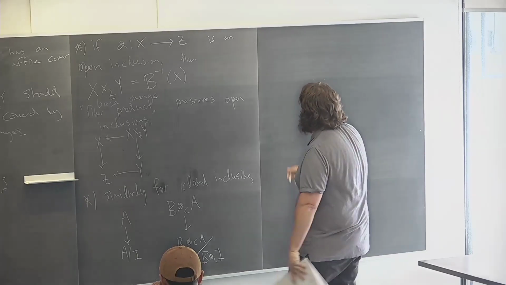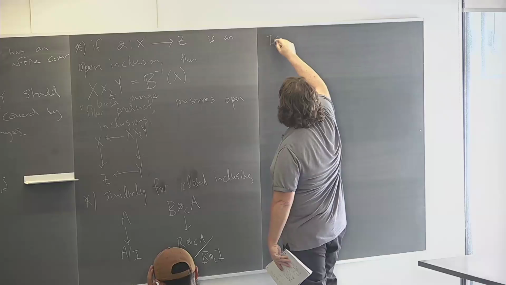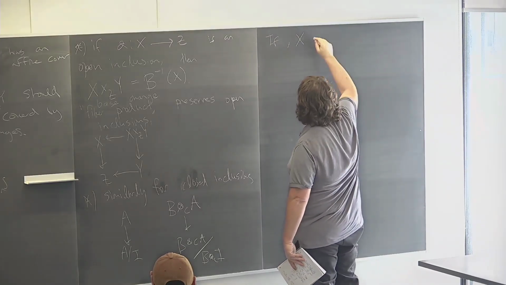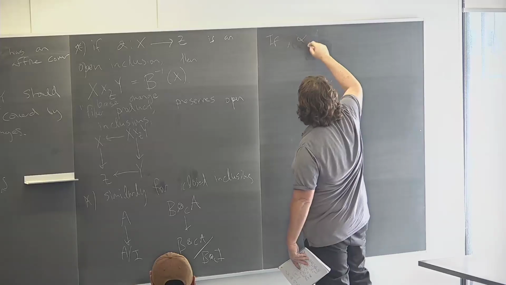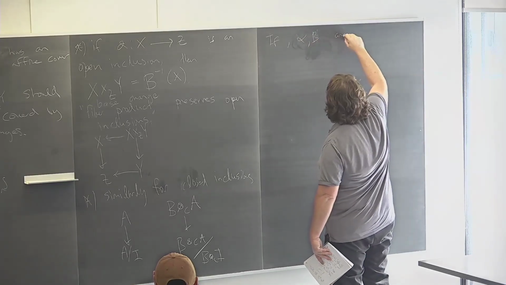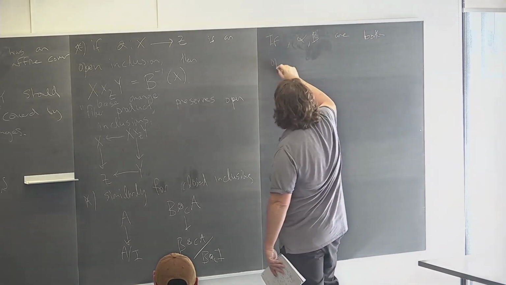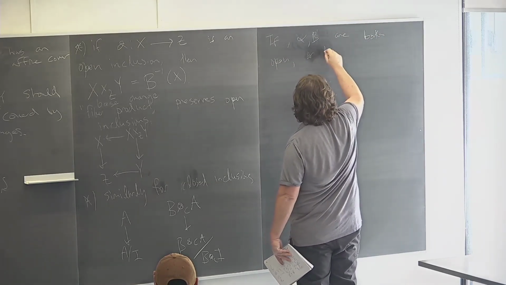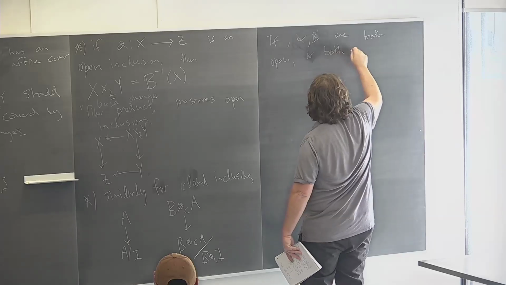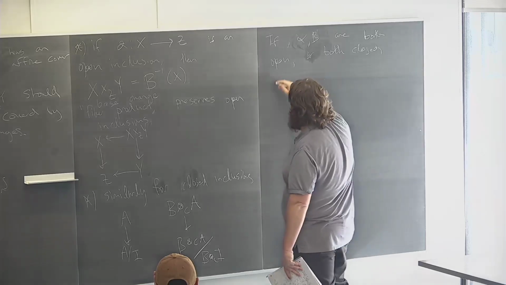So one important note here is if X and Y, or I should say alpha and beta, are both open or both closed, then you get the intersection.